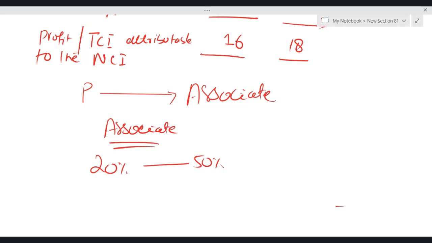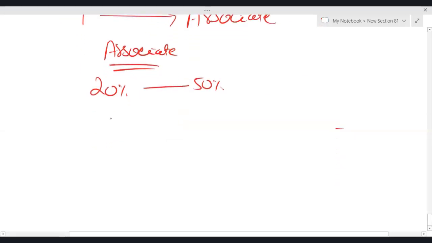But after that, let us stick to one approach, and I'll be more in favor of the simple approach rather than the consolidated style approach. So let's see. We are talking about parent and associate. Let's see the simple approach.